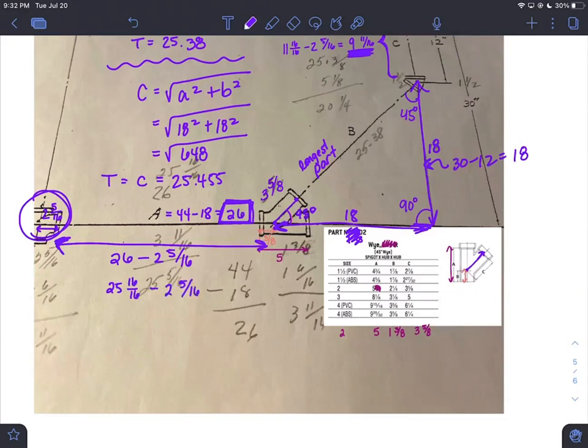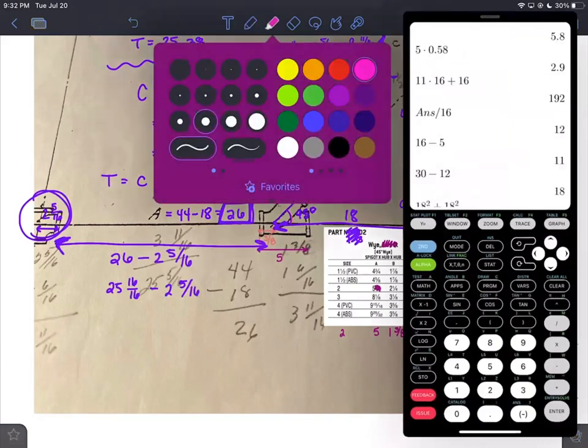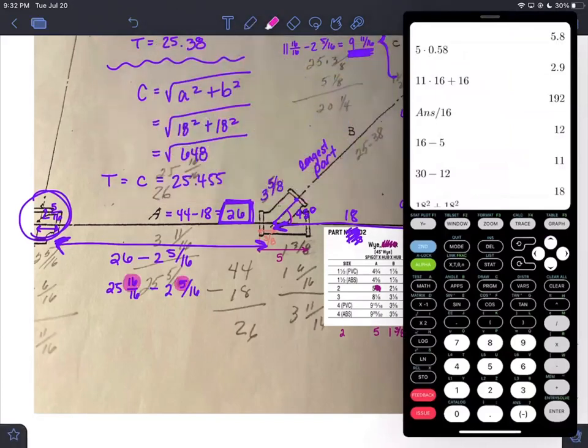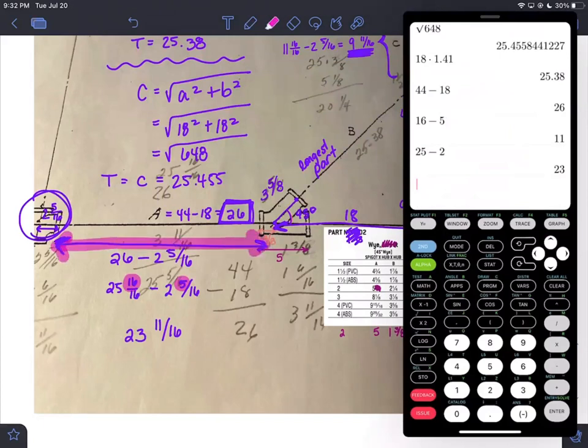And then this is 16 minus 5, which are the top two numbers. And then 25 minus 2 is just this distance.